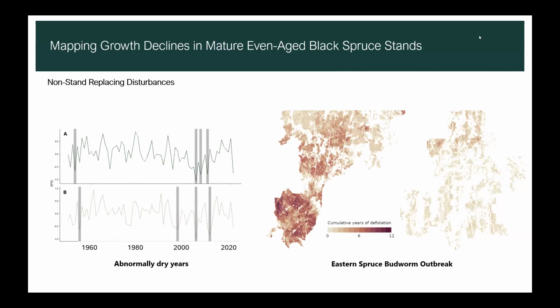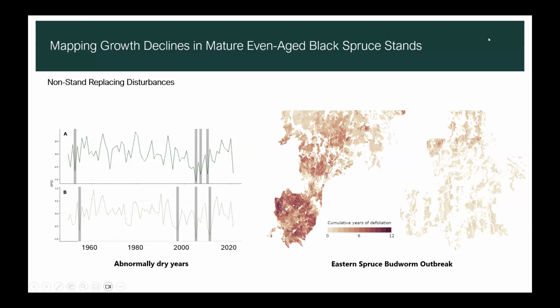On the left, you have the time series of the SPEI value, the drought index. And what we can see is that over the last 20 years in both sites, we had 3 of the 4 driest years in the last 70 years. So abnormally dry years there.